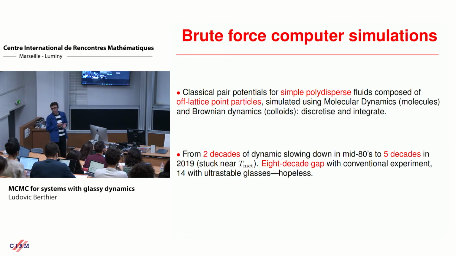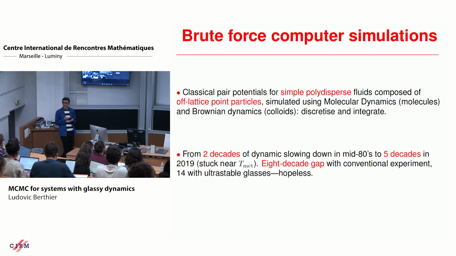So if you do ordinary simulations, you would do molecular dynamics to simulate, say, atoms or molecules. And if you're interested in colloidal physics, you would simulate instead Brownian dynamics. And so the algorithm is simple. You discretize Newton's equations, and then you integrate, and that's it. In terms of what can be done by this type of approach, it started maybe 30 or 40 years ago already.